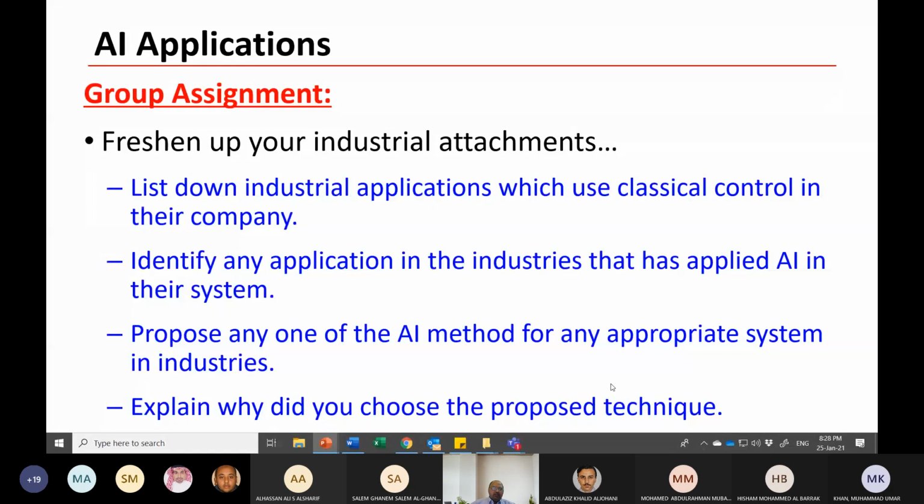I need this assignment after probably 1 week from now, so next Monday, inshallah, you can submit about 3 pages on this assignment. Is it clear?